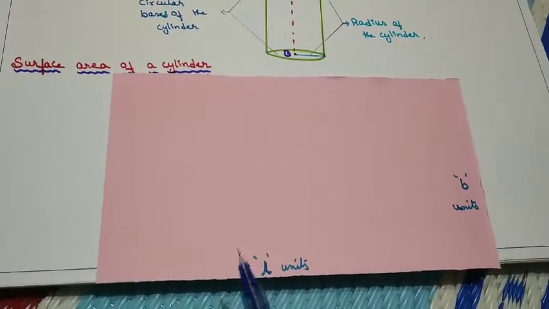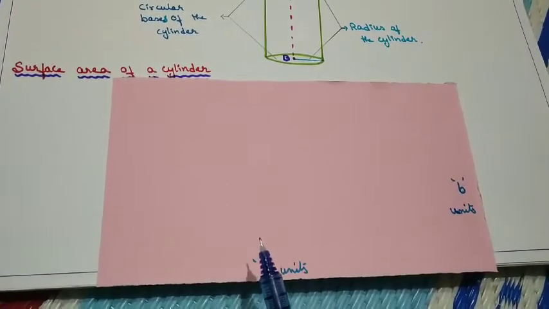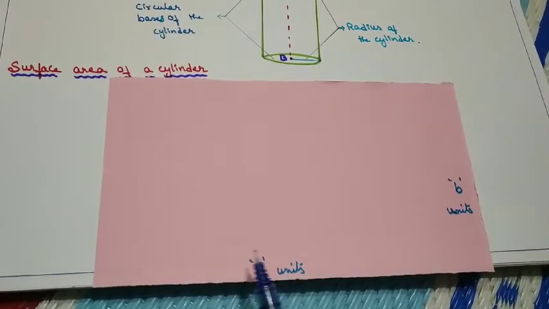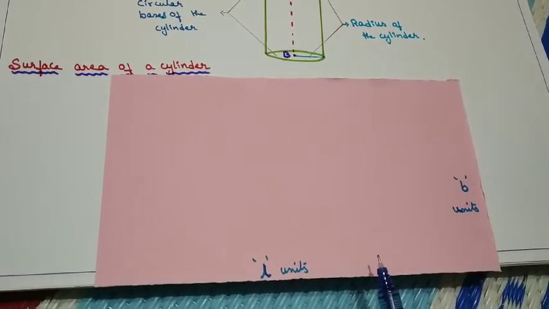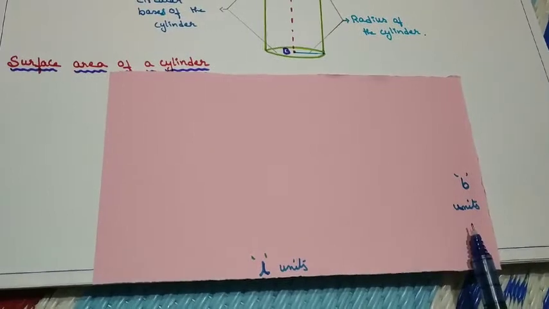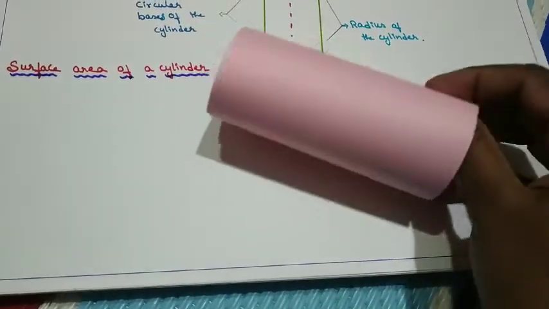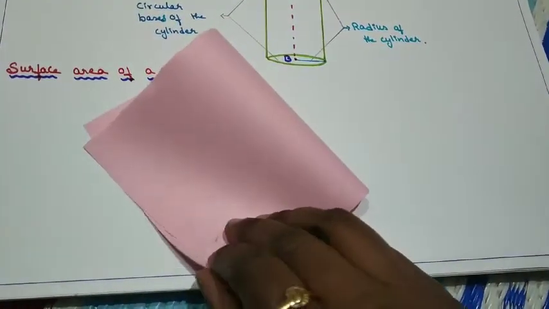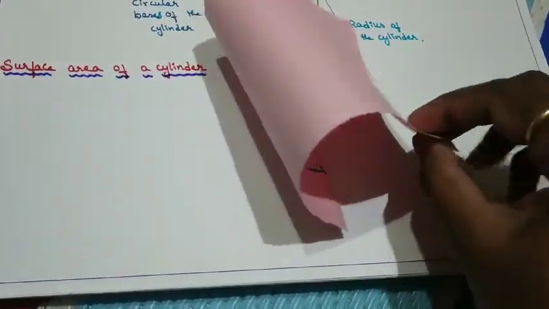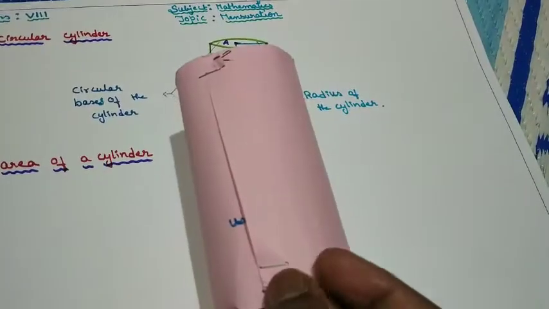You can observe here, I have taken a strip of paper having length L units and breadth B units. This strip of paper I am going to roll into the form of a cylinder.